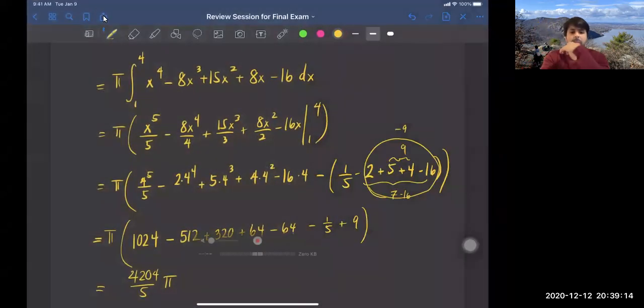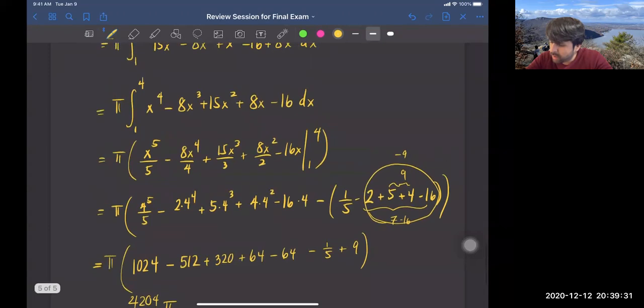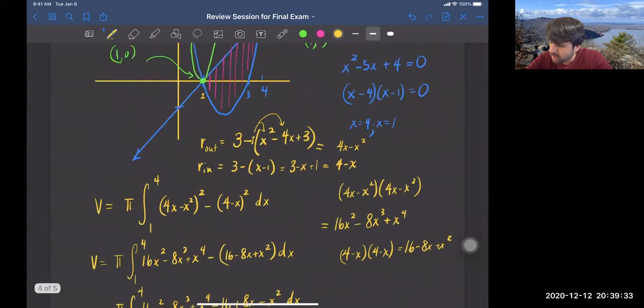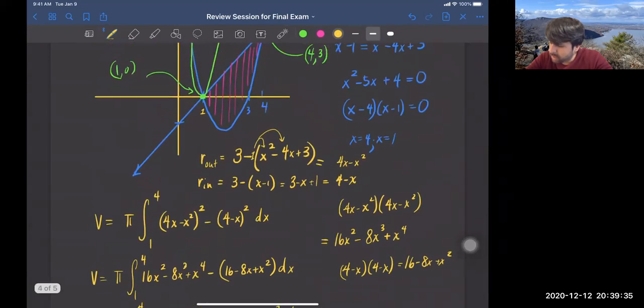Do you guys get the same thing? You did? I think there's something slightly off though.